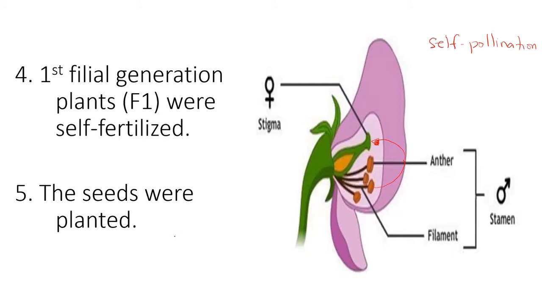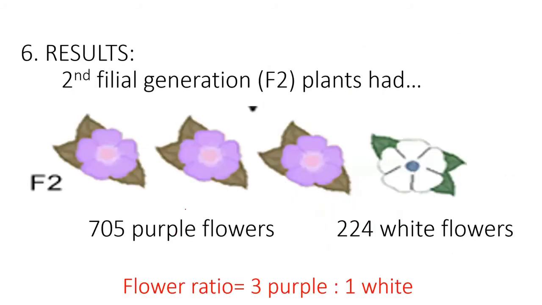And the result was astonishing, because in the second filial generation, or the F2 offspring, the children of the F1 generation, it was observed that there were 705 purple flowers and 224 white flowers, wherein for every 3 purple flowers there is 1 white flower.